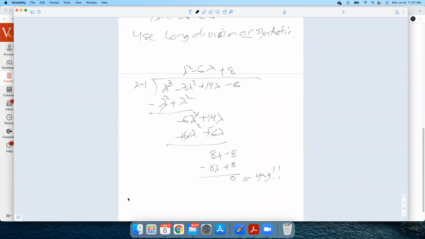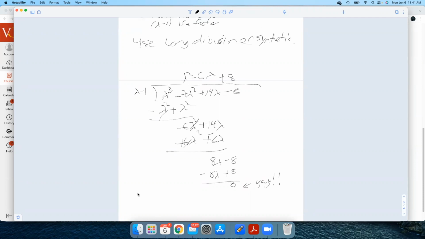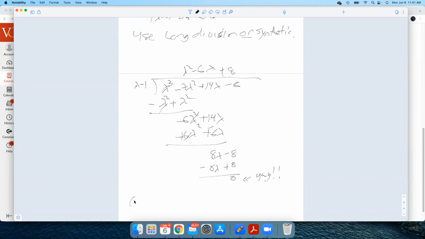So that means that that third degree polynomial is really lambda minus 1 times lambda squared minus 6 lambda plus 8. But that factors again. That's a quadratic. We can do that one in our heads. We don't need to go through all this math again. We'll just factor it.